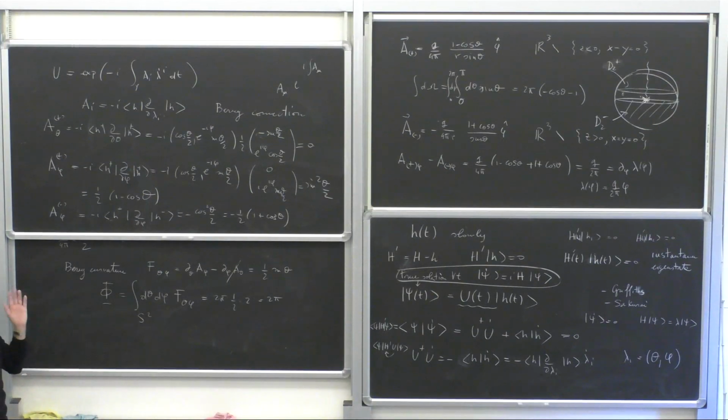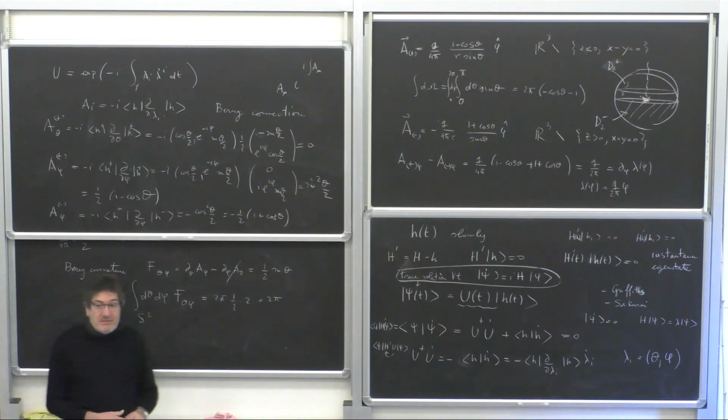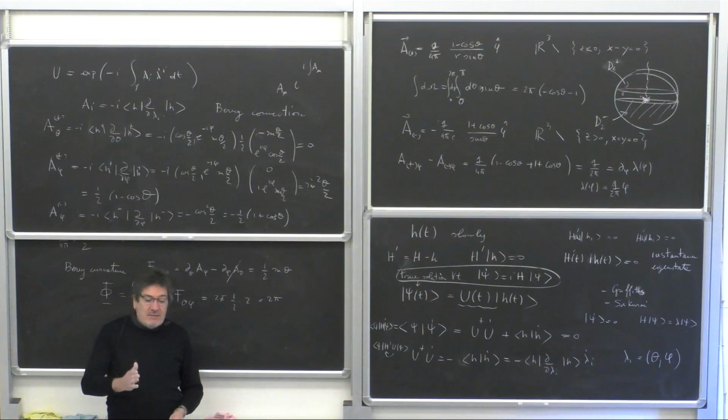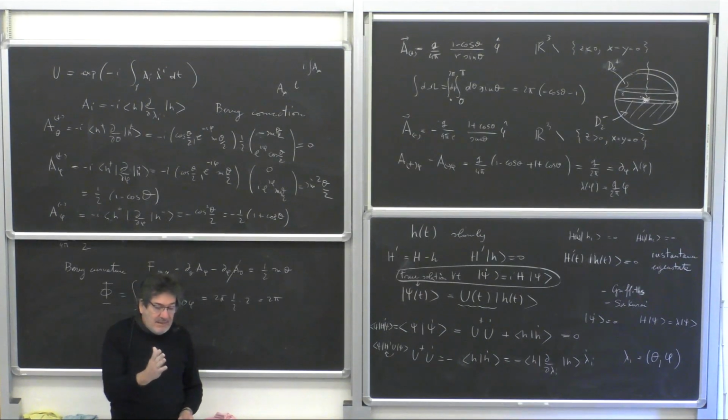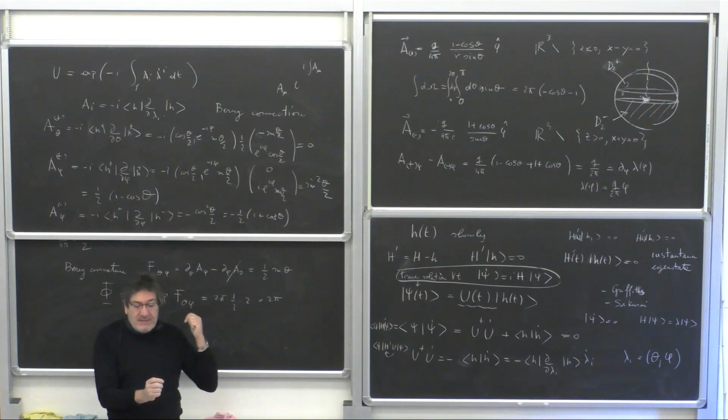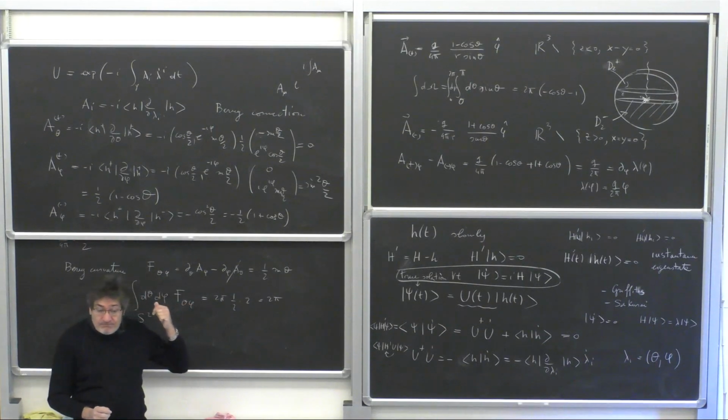It's such a simple problem. No, it has been measured. Of course, you cannot measure it at any time. You have to do this adiabatic change, because at any given time the phase is arbitrary. What you have to do is obtain something which is gauge invariant. So you have to make a loop in parameter space and come back, so that this phase is unambiguous.